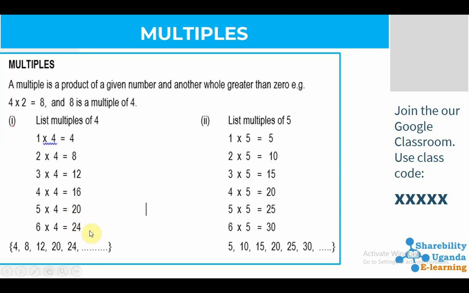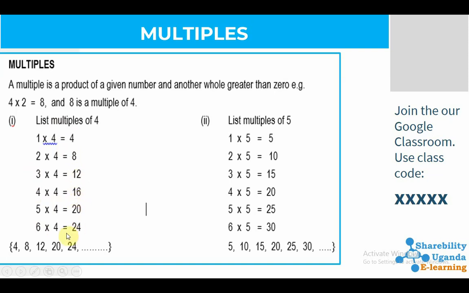So when they tell you to list the multiples of 4, you can use this method of taking the given number, which is 4, times a number greater than 0. Here we use 1 up to 6. So the products are 4, 8, 12, 16, 20, 24.